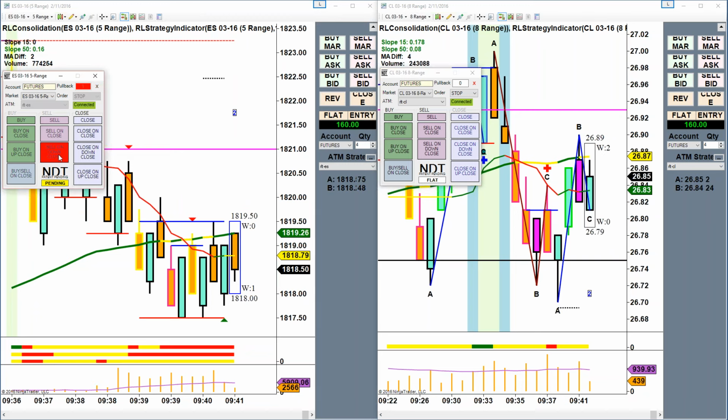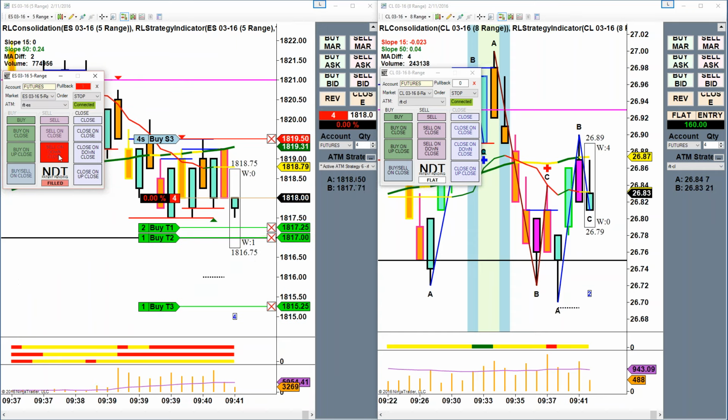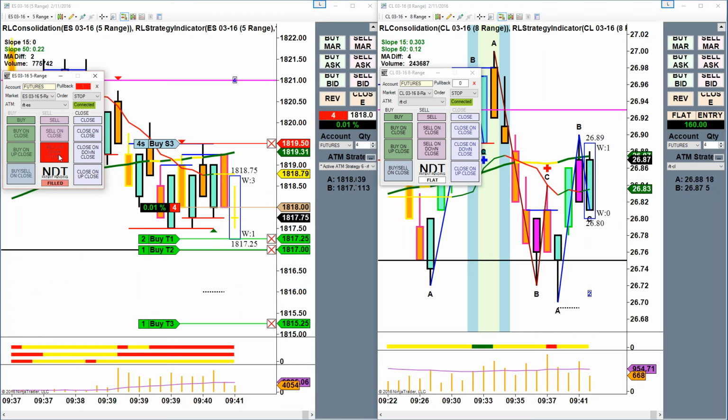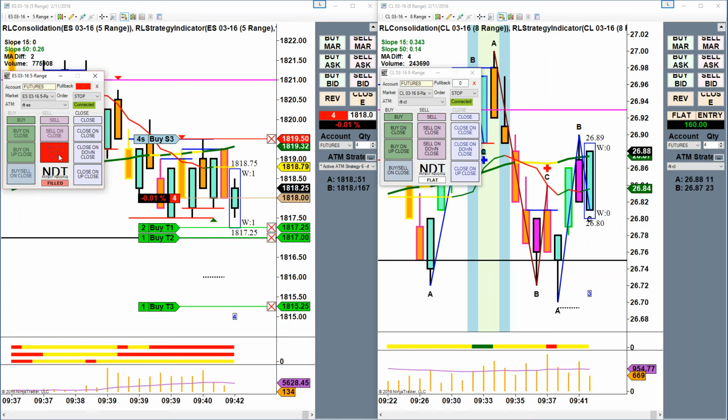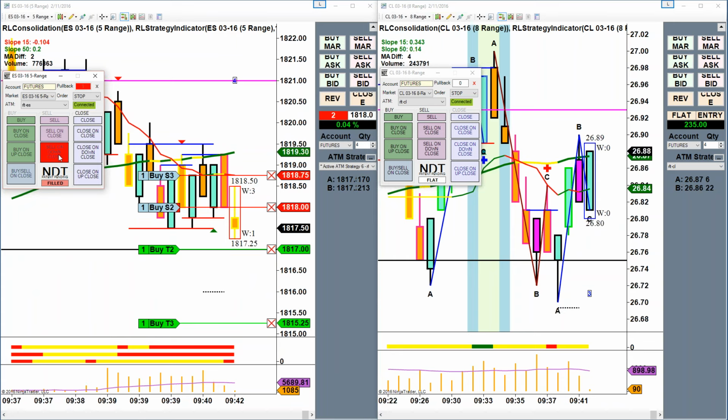We're going to sell the E-mini on a down close. Entries 1817.75. Orders were filled. First target's out.